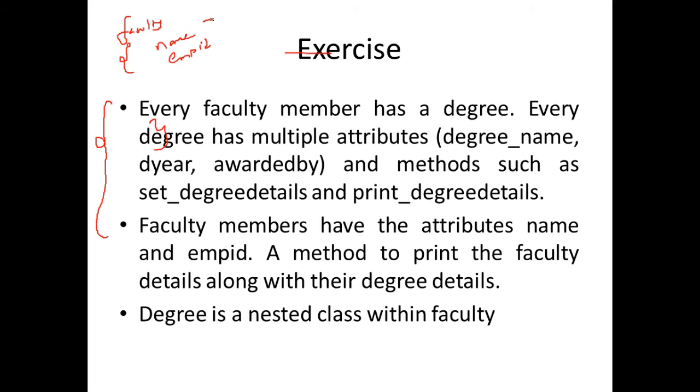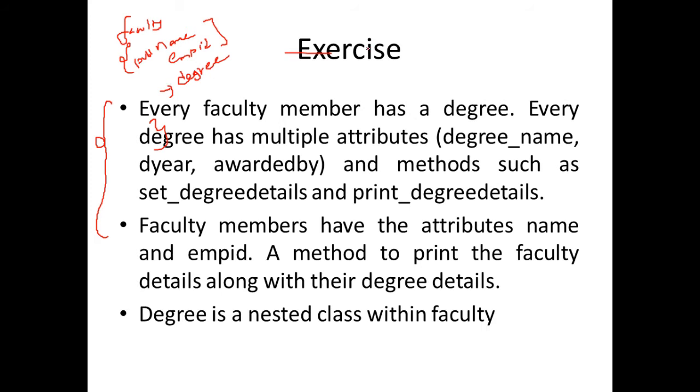There can be more attributes, but for time constraints we'll take only two attributes, and all the faculty members will also have this attribute degree, or qualification. This can be public or private: private name, private employee ID, likewise private degree.